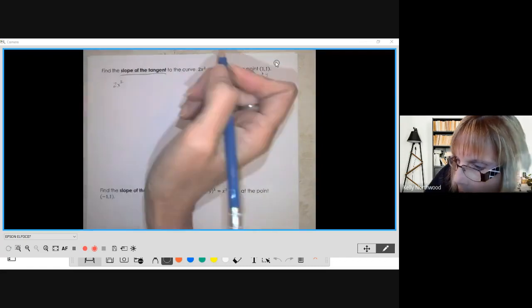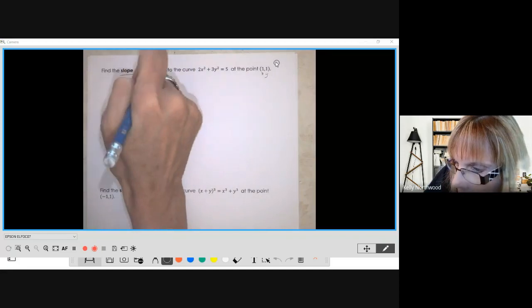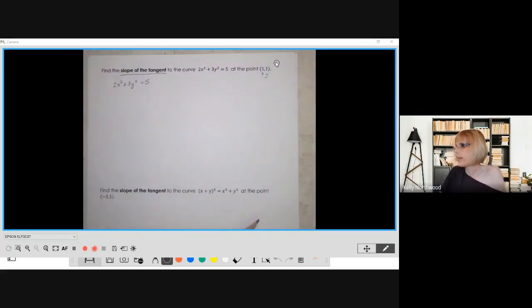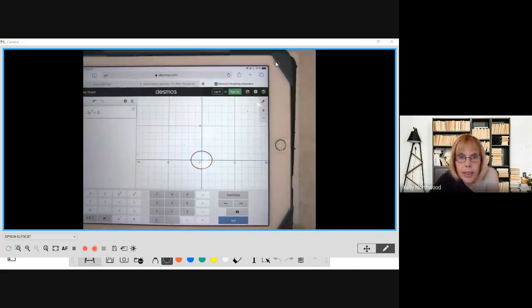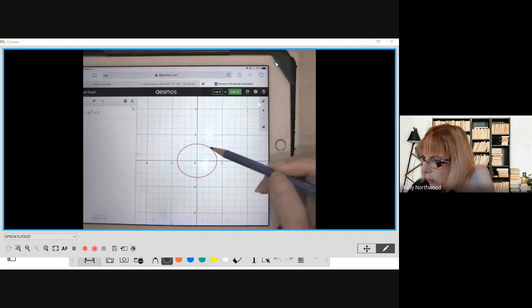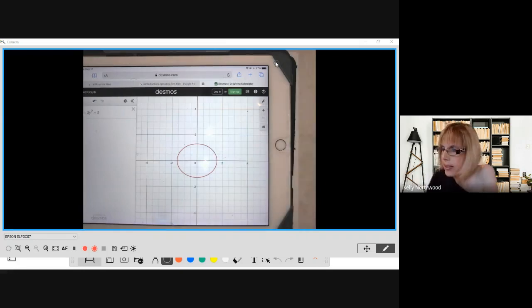So here's our original function. And I've got it on Desmos so we can see what it looks like here. So it's an ellipse, okay? And you can see the point 1, 1 is here, so we're going to be expecting a negative slope of the tangent.